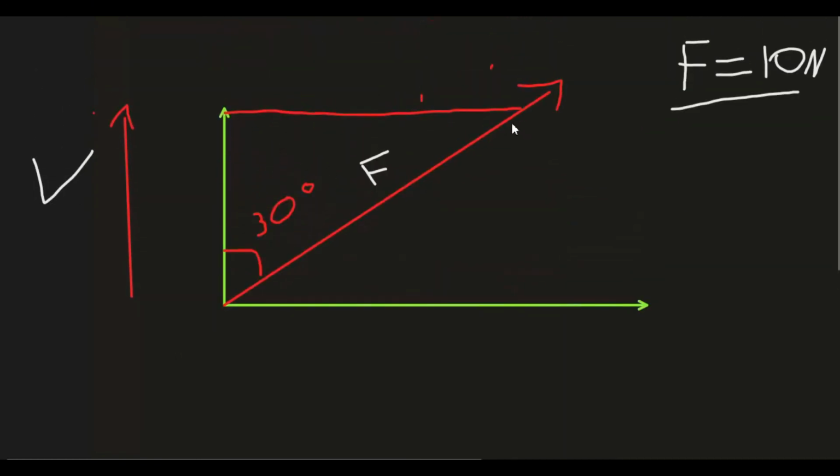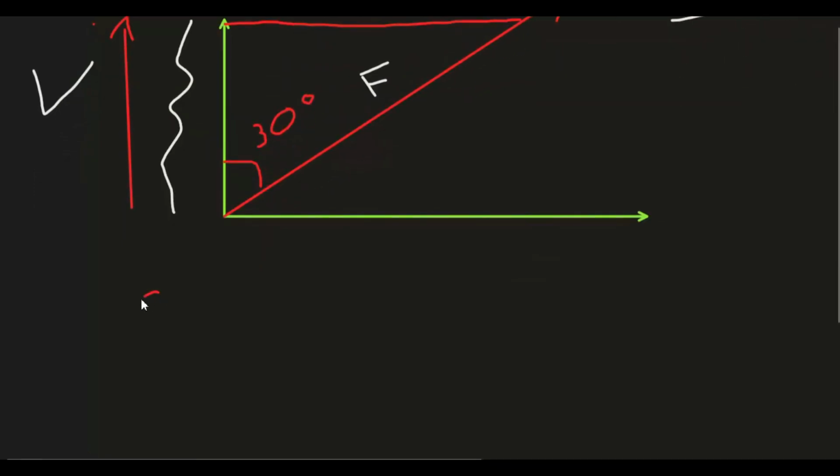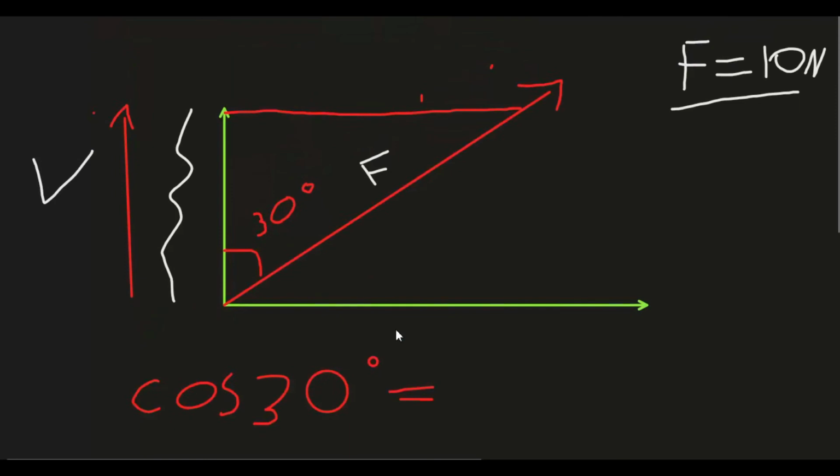So we just drew a straight line here. I know that this is F, and I need this one, right? So which trigonometry formula do we use to find it? We use the cos formula, right? We can write that cos 30° equals, we know that cos is adjacent by hypotenuse, right?